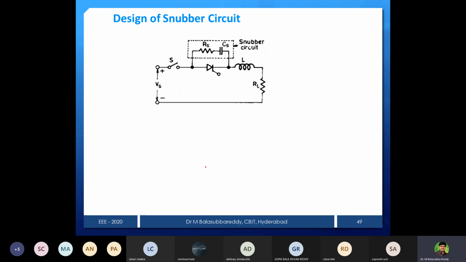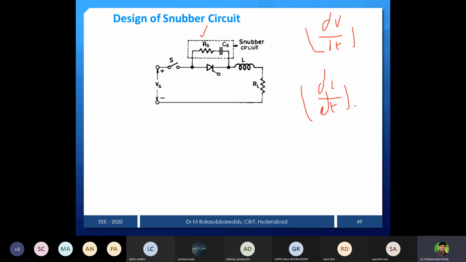So now the design parameters, we need to find what value we have to place, because I cannot put it randomly. It has to meet our requirement. What is our requirement? That is the dV by dt maximum they will give in the specification. Similarly, di by dt maximum is also known to you.